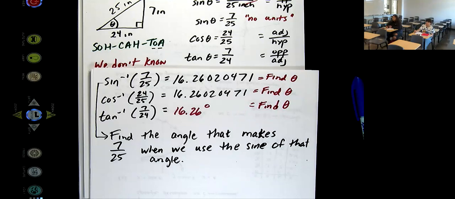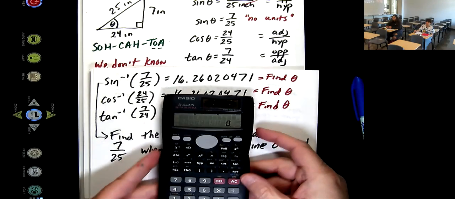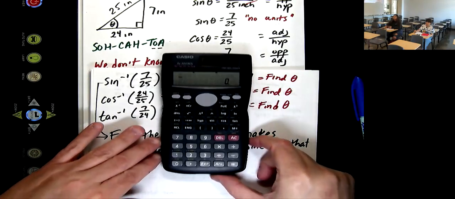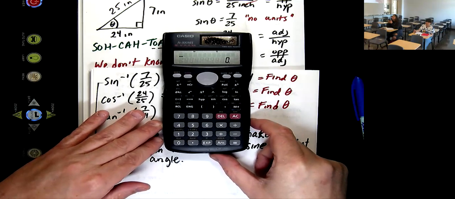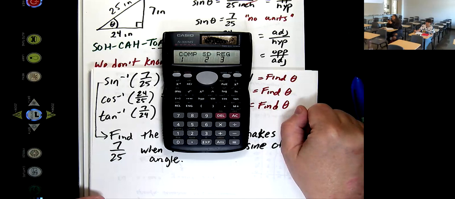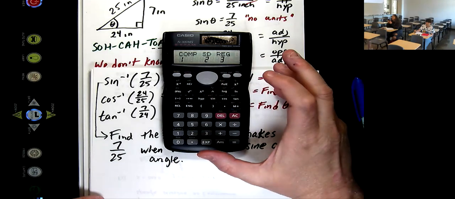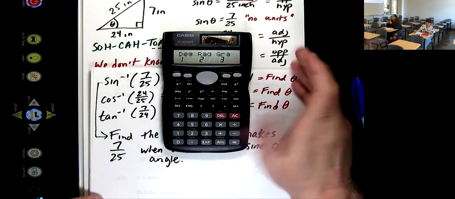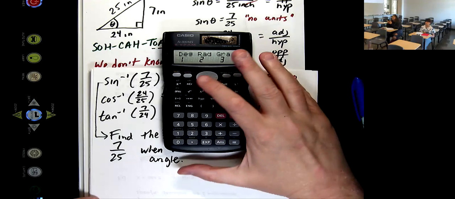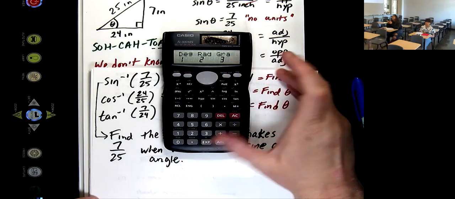Most calculators have a way to shift between degree and radian mode. Let me see if I can find the right setting. There we go, I have a mode button right here. If I hit mode twice, I get degree, radian, or the third one is gradients, which is well beyond the scope of this class. I can shift to radian mode by hitting 2.